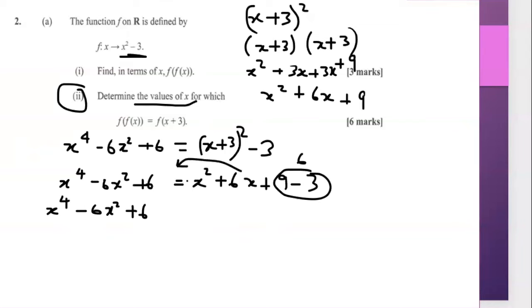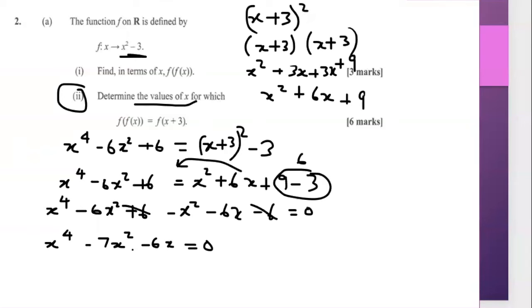And then these, I can carry it over, so it becomes minus x squared minus 6x, and minus 6 equals 0. We should be seeing that the 6 cancel, and I can simplify. Minus 6x squared minus x squared, that's negative 7x squared, and then I will have minus 6x equals 0.